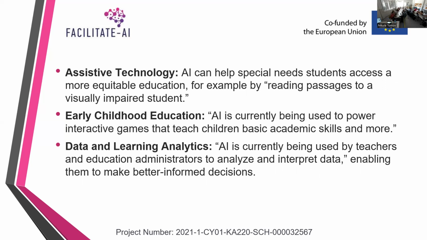We can use it for early childhood education. Kids are different ages, they have different interests, so we can develop some systems to know what kids want to do. Data and learning analytics, yeah, we can use large sums of data to predict what will happen, maybe what we need to change, to improve.